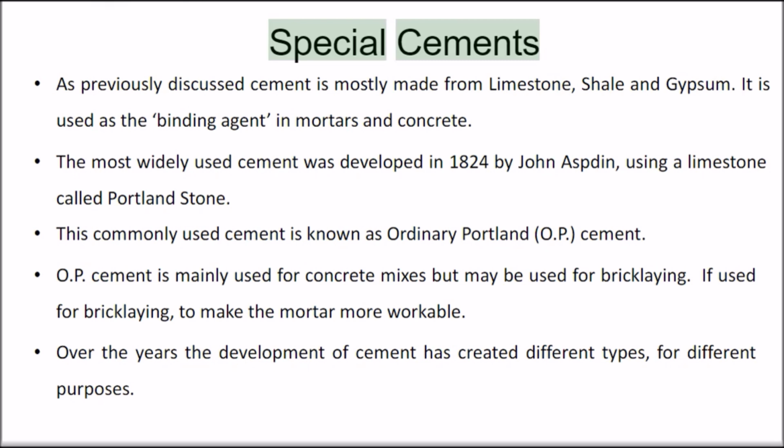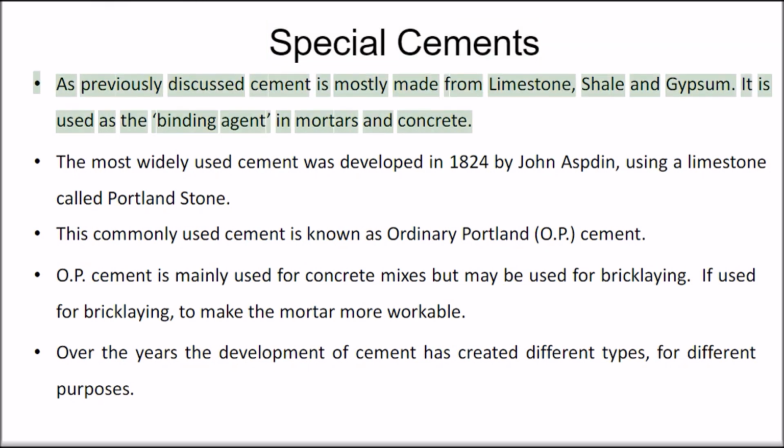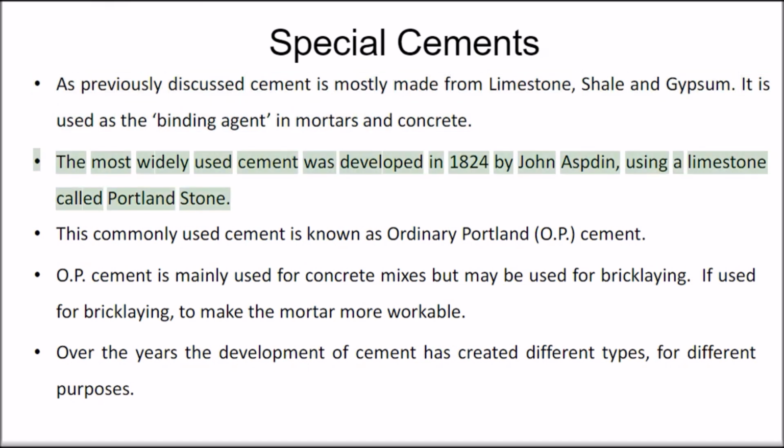Special cements. As previously discussed, cement is mostly made from limestone, shale, and gypsum. It is used as the binding agent in mortars and concrete. The most widely used cement was developed in 1824 by John Aspdin, using a limestone called Portland stone.